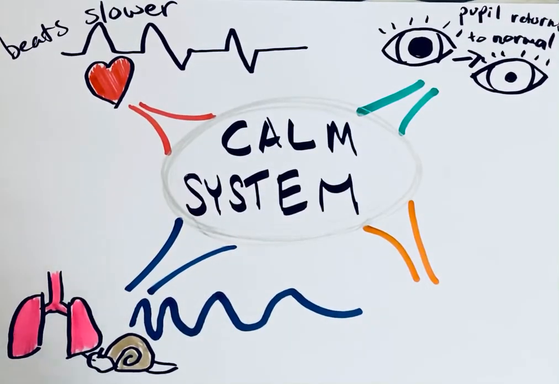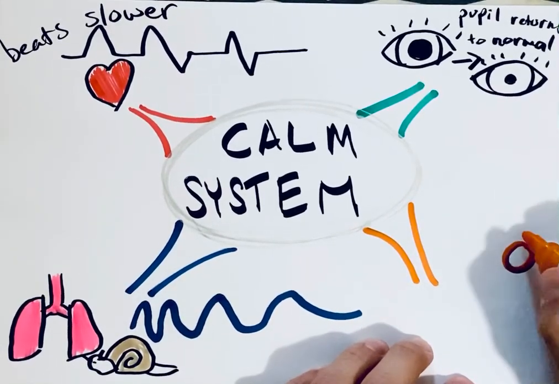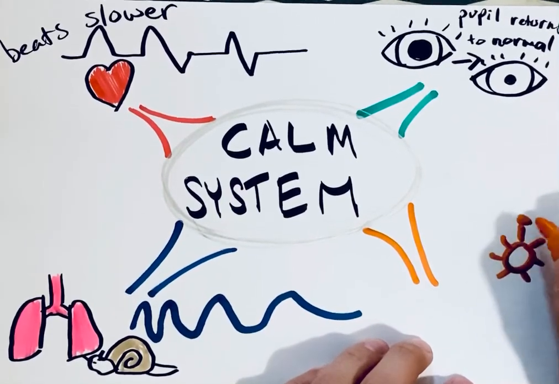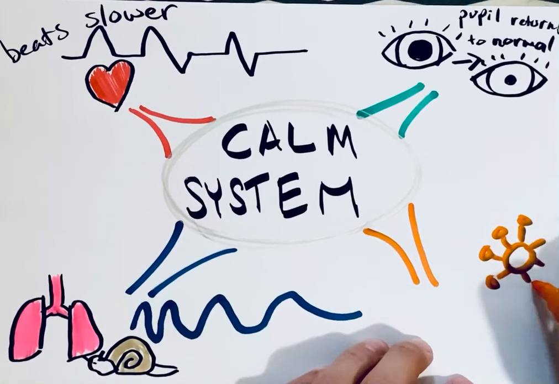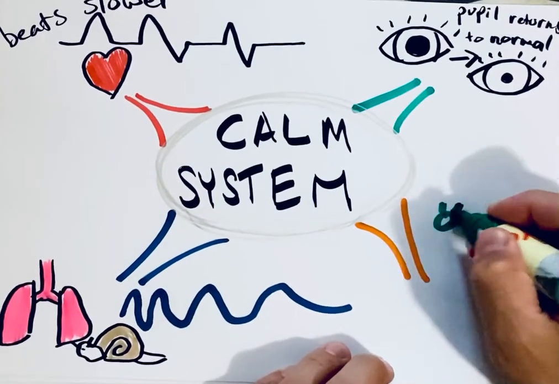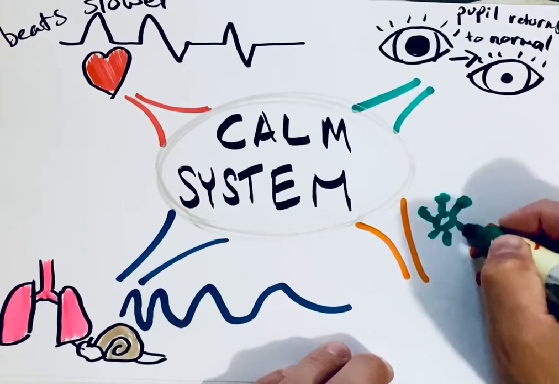And last but not least, we're going to draw those same two things we drew before, those viruses. This is just a universal symbol. This is not precise. We're just using symbols. Okay, again. And now we'll go like this.